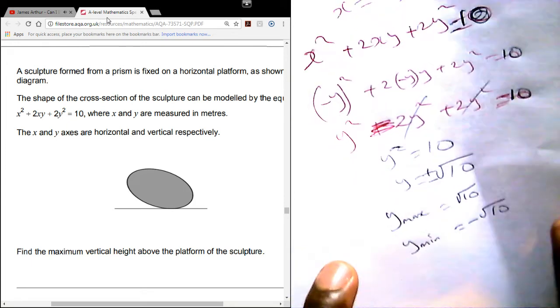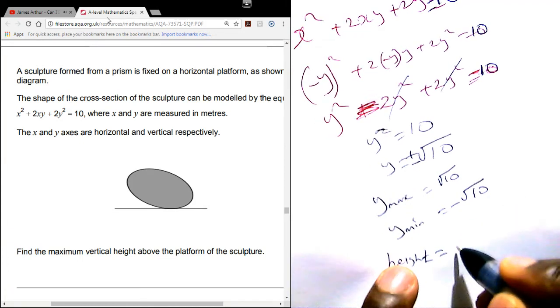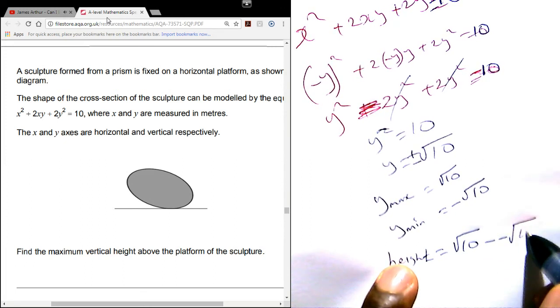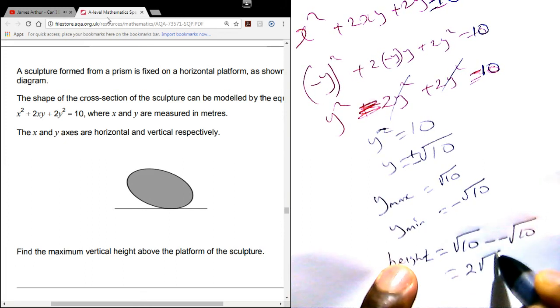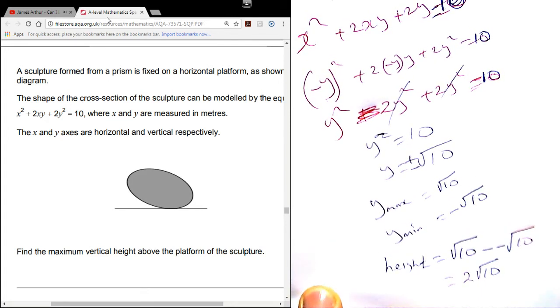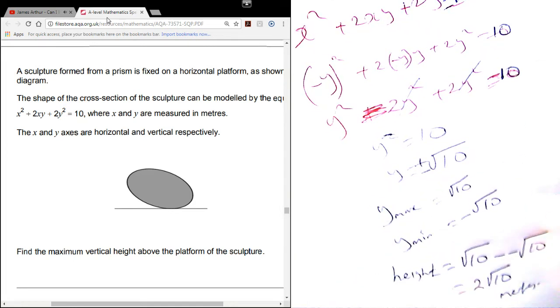So remember, the height is just going to be the difference between the two. So positive root 10 minus negative root 10, and that's just double of root 10. So that's 2 root 10, and that's the maximum, and it's in meters, by the way. And that's the vertical height of this.